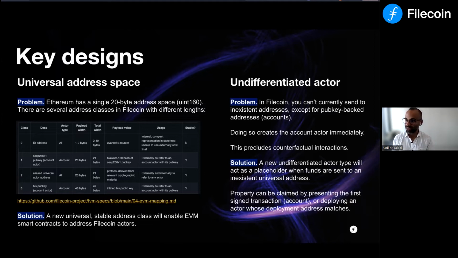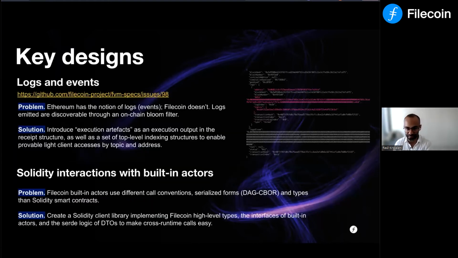So the undifferentiated actor is going to act as a placeholder, and the property of that address will be able to be claimed by presenting the first signed transaction, if it turns out to be an account actor, or by deploying a contract whose deployment address resolves to exactly that address.